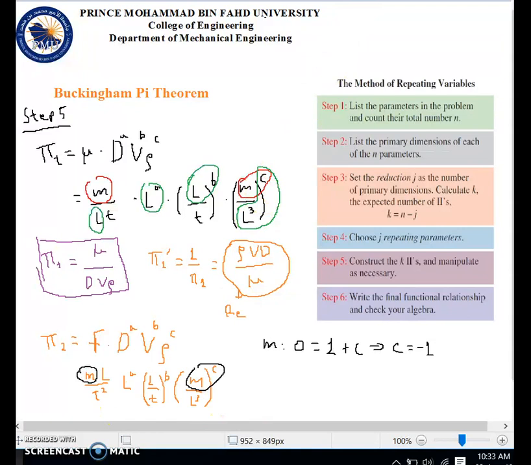Now moving to the units of length, we have length here, here, here, and here. So 0 must equal 1 plus a plus b minus 3c. And finally, the units of time, 0 must equal minus 2, since 2 is in the denominator, minus b.